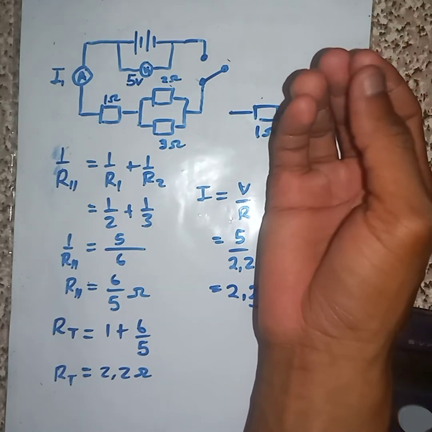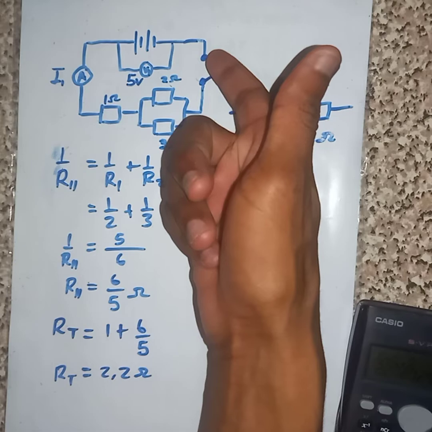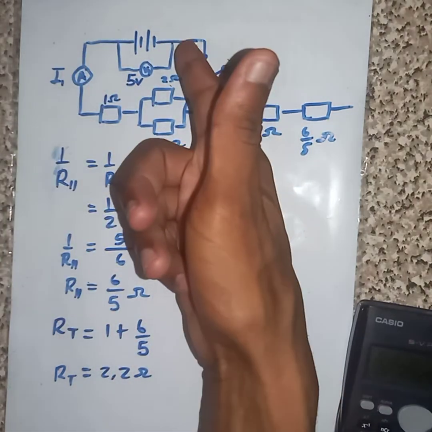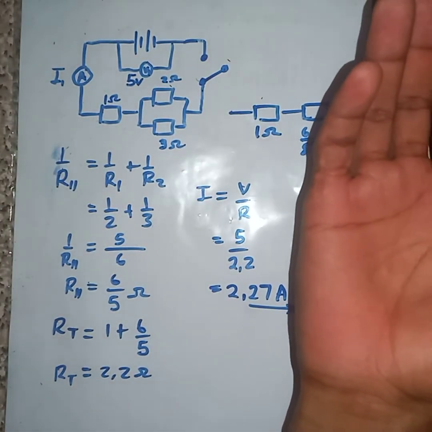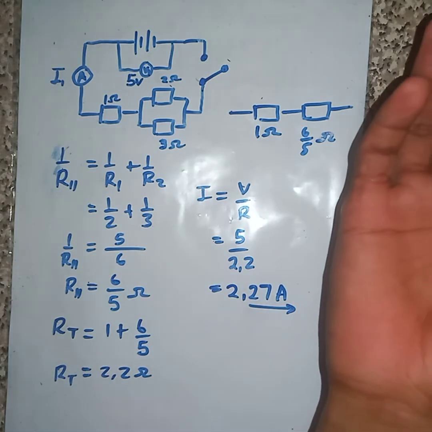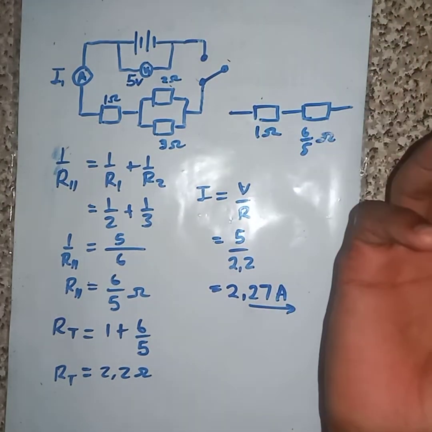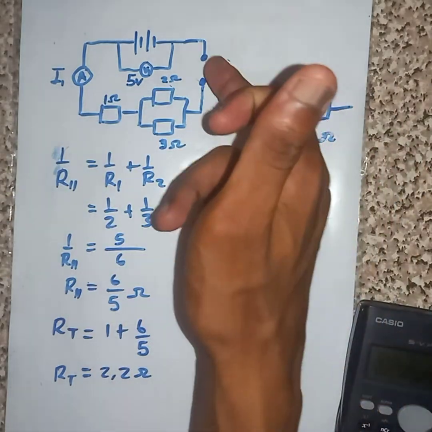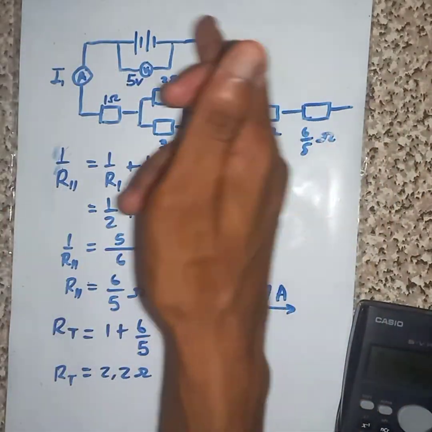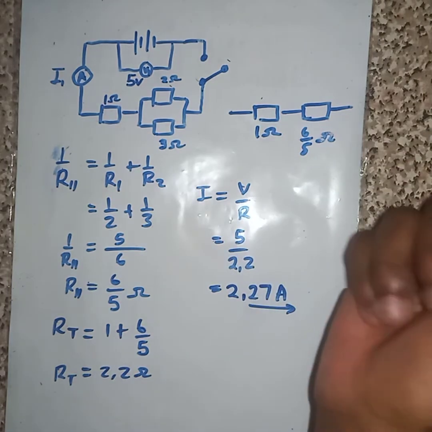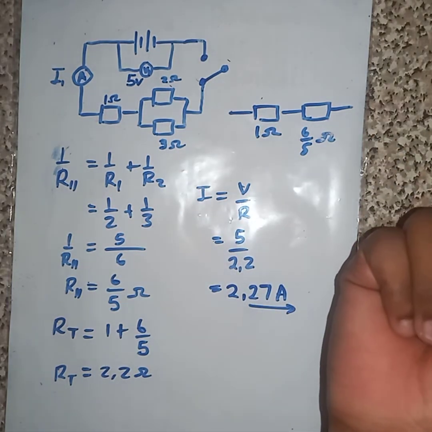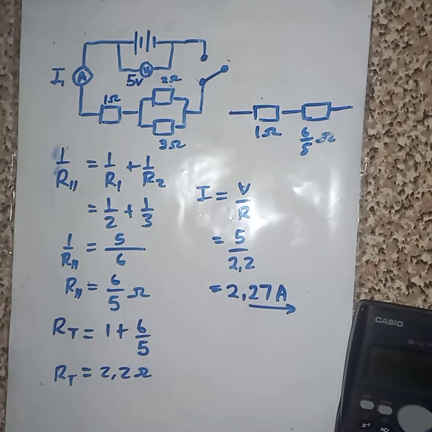Bear in mind, when the circuit is open like this, there will be no flow of what? Of charges. Somehow the value of I will be 0, nothing. You see, it will be 0, because now there will be no circulation of electrons in this given circuit. See?